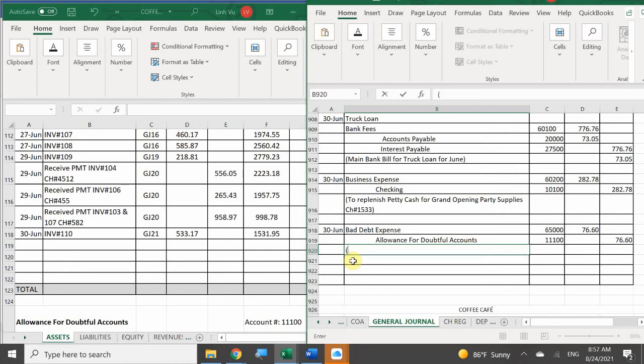So for your note here, what do you want to say? How about to write off 5% debt of AR? Mm-hmm. Perfect.